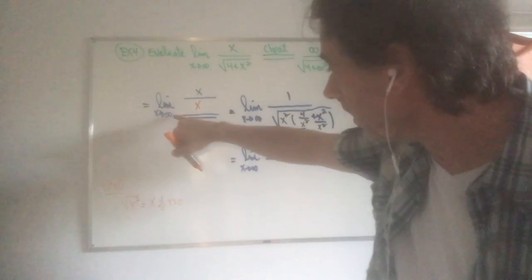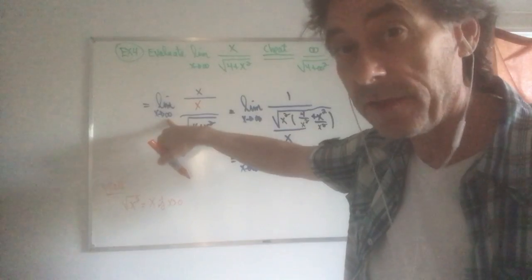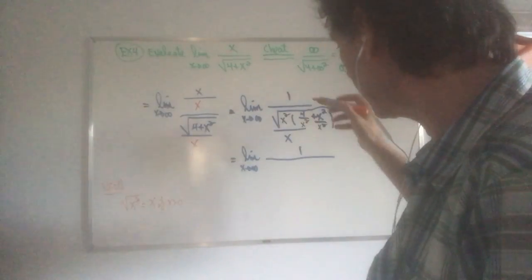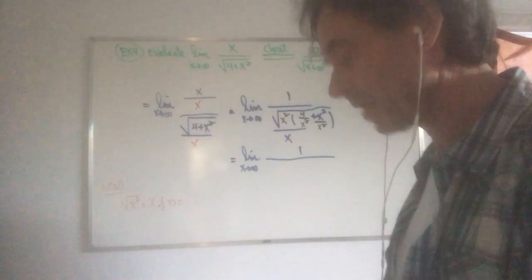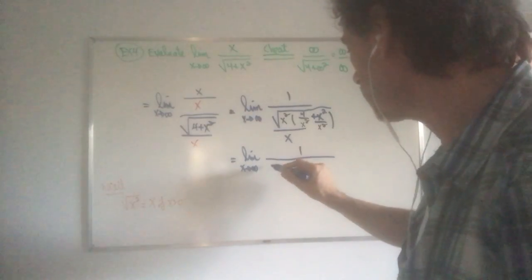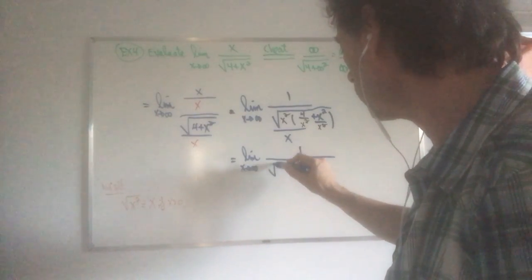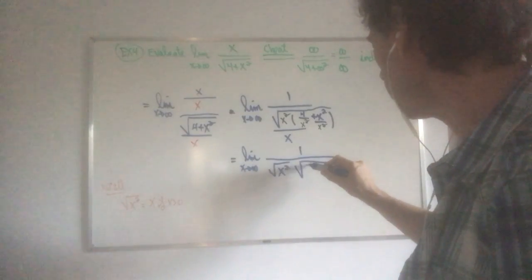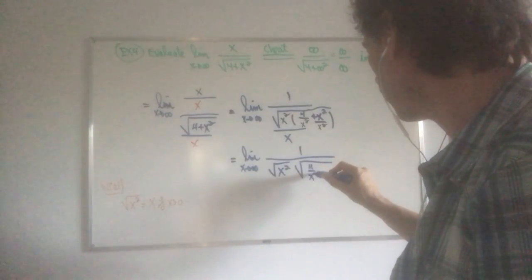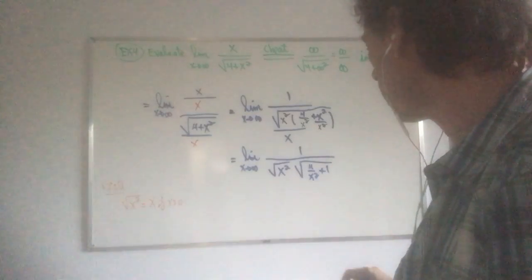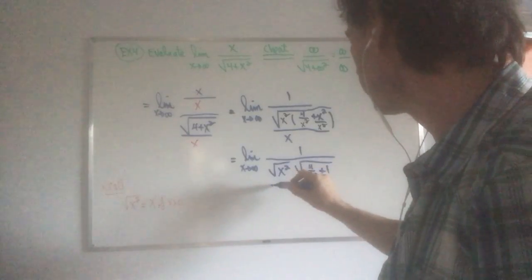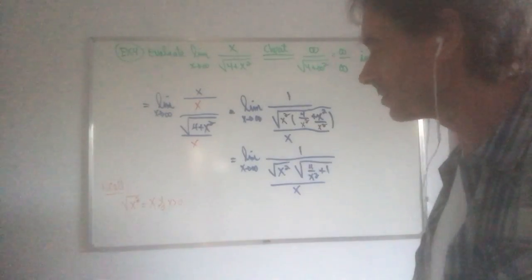So basically, x approaching infinity is a very, very positive value. So I can write this as the root of x squared times the root of 4 over x squared plus 1, all of that over x.